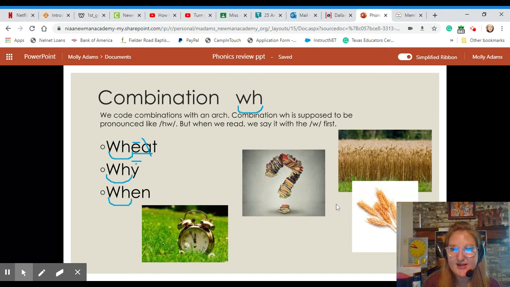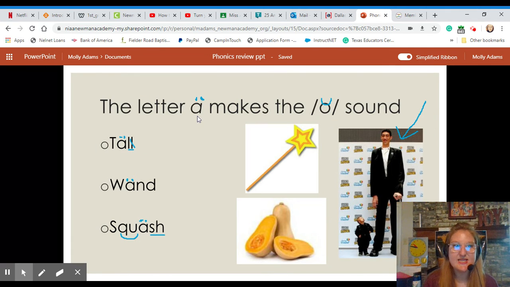Our next review is the letter A makes the aw sound sometimes. The aw sound, the short O sound. And how do we know that? Let's look at these words. The first word is tall. Just like over here, we have a tall man. He's very tall.